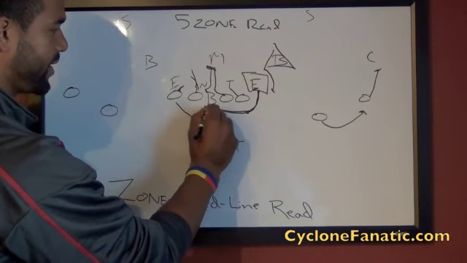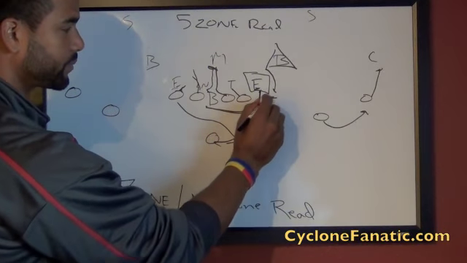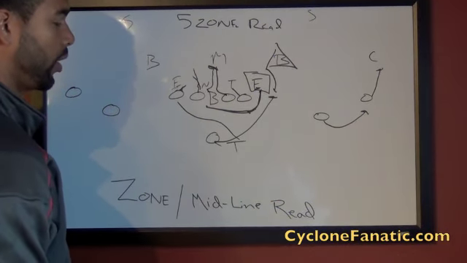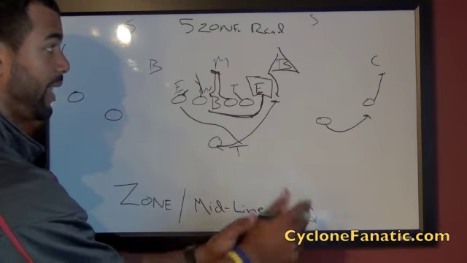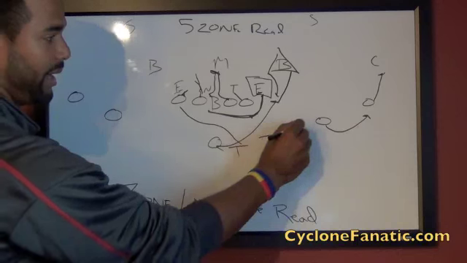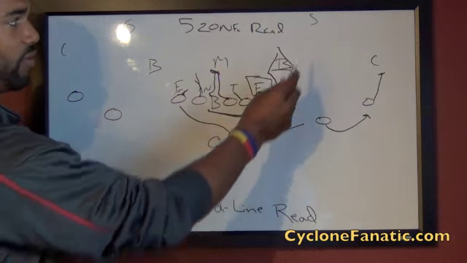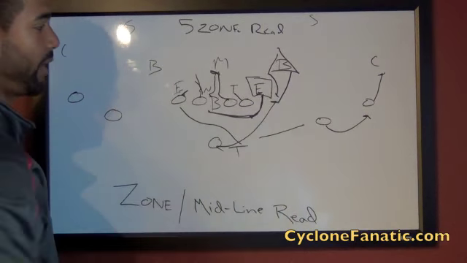This end will try and run off the tailback, and this linebacker will scrape contain for the quarterback. But when you add the bubble in, the quarterback can ride the read of the zone, and at the last second see this linebacker coming and dish this bubble out here, and all there is is a safety in the corner. This safety's at about 12 to 14 yards, and the corner's blocked, so that'll be a good play for us.